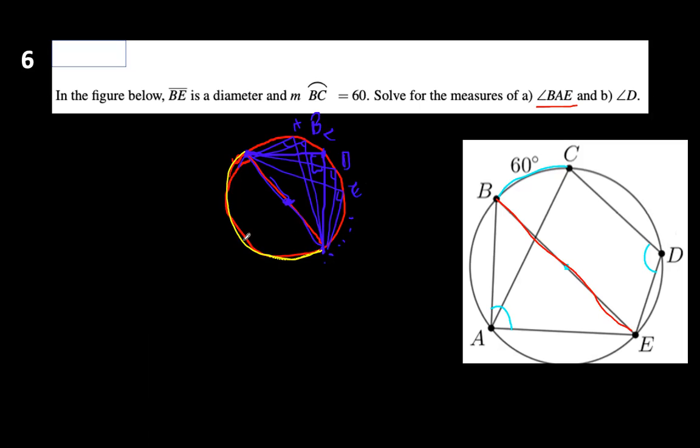Okay, this is a semicircle because the endpoints of the arc are the endpoints of the diameter. So which means that this is 180 degrees. Why 180? Because a diameter is a central angle. Okay, and since it's a straight line, therefore it's 180 degrees.